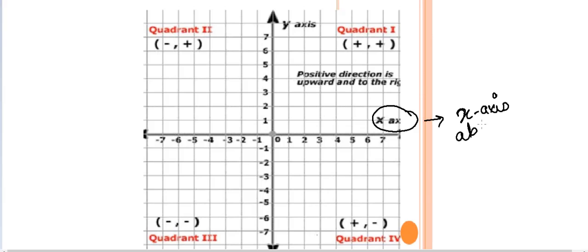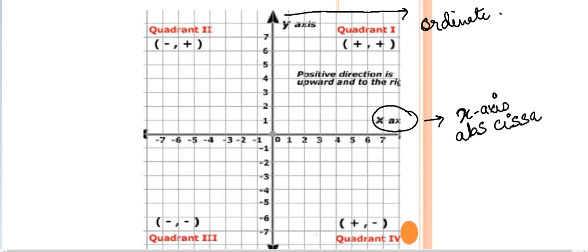And this is my y-axis. This is known as my ordinate. Now this side is having positive numbers and this side is negative numbers. Here I am having positive numbers upwards and negative numbers downwards.